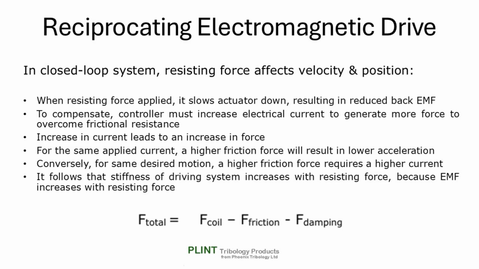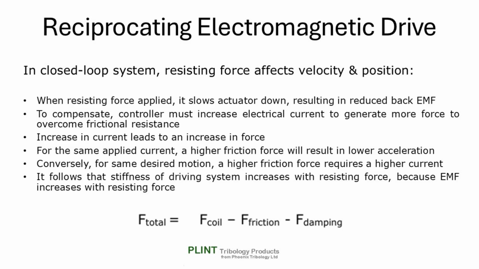When a resisting force is applied, it will slow the actuator down, resulting in a reduction in back EMF. To compensate, a controller must increase the electrical current to generate more force to overcome frictional resistance. An increase in current leads to an increase in force.